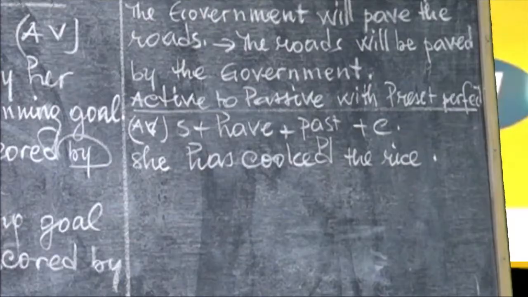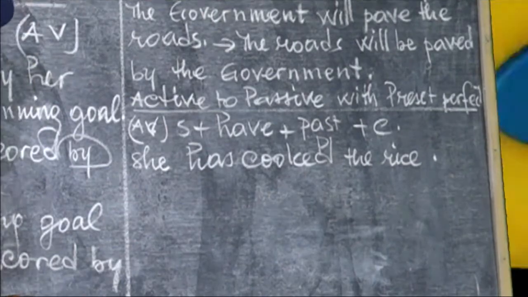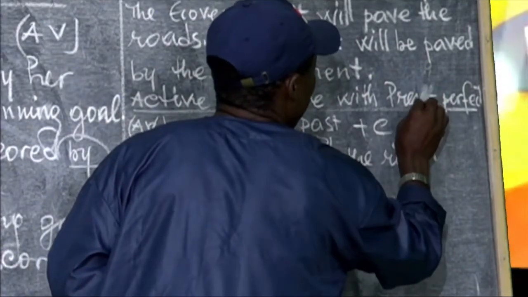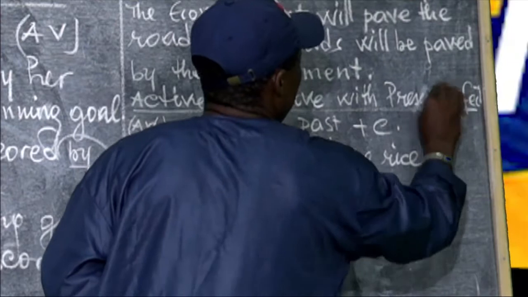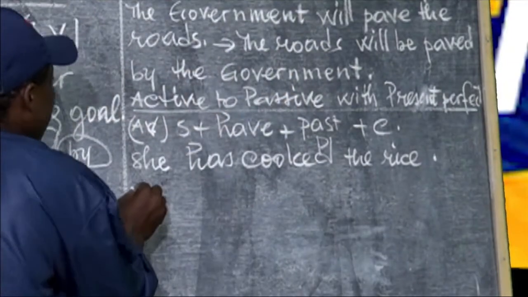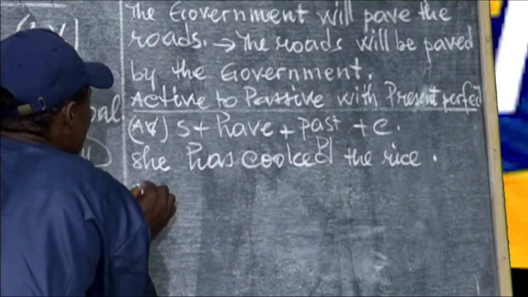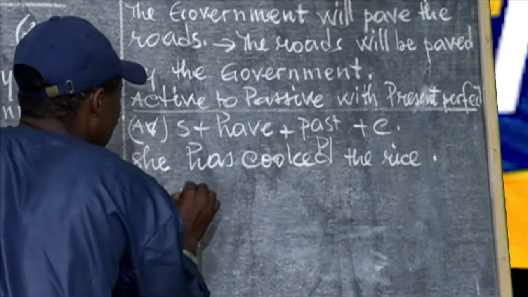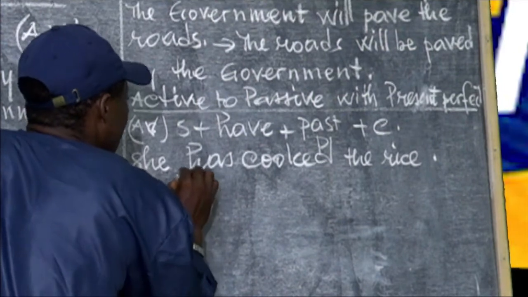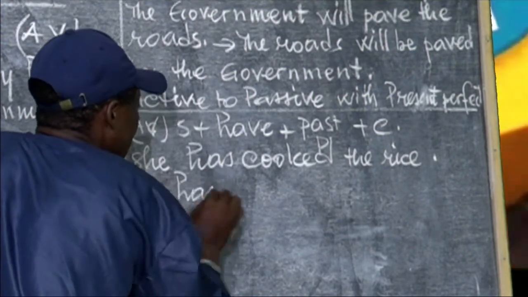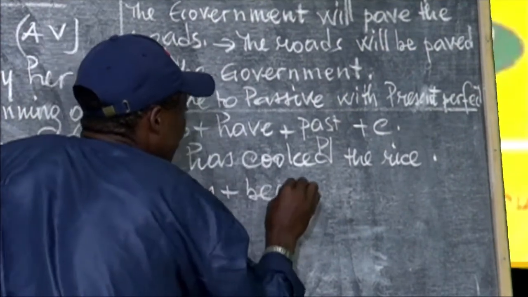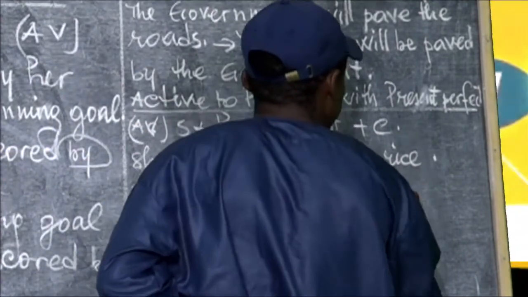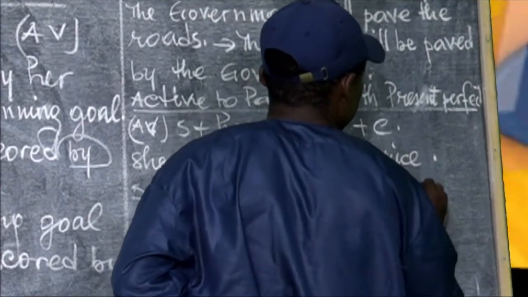We are dealing with the simple present perfect. Here, in the passive, you have subject plus has plus been plus PP, the past participle of the verb, plus by, plus noun.